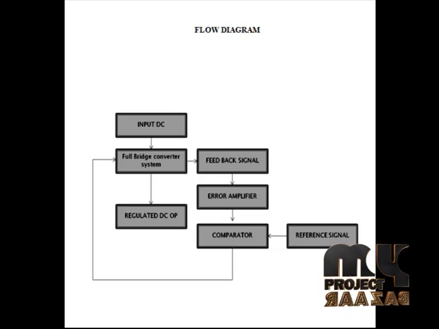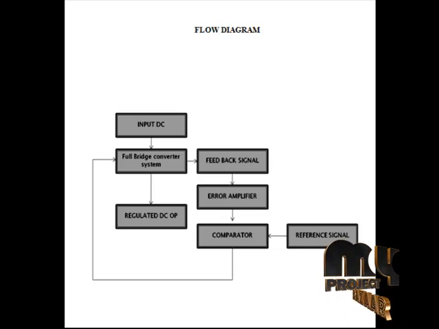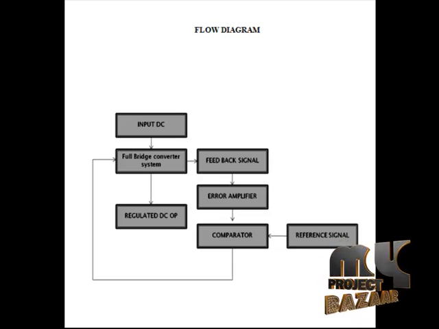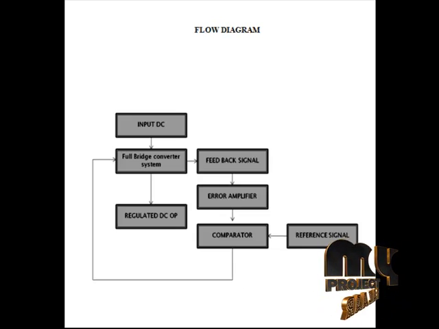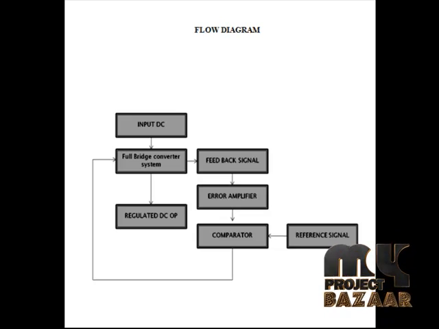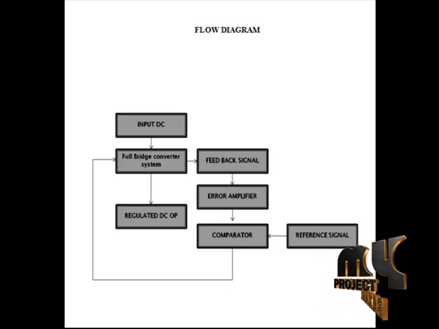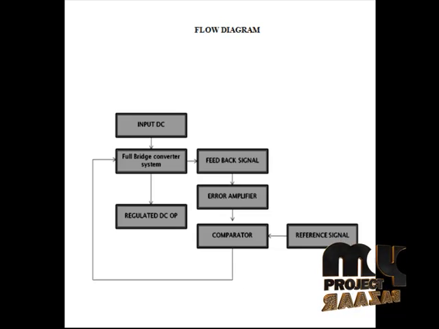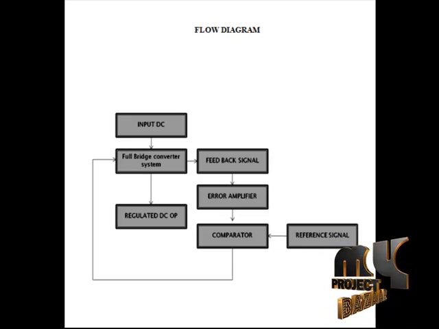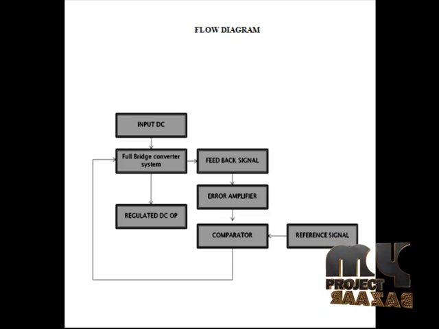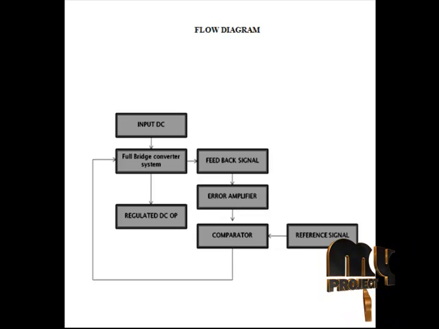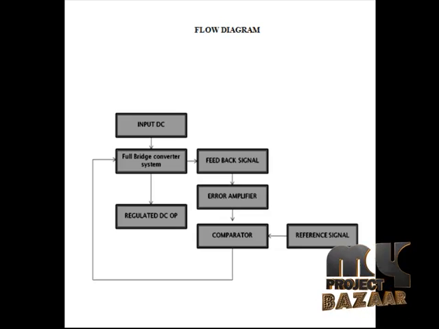Then these pulses are given to the full bridge controlling circuit of the DC to DC converter, and we get the clear result of regulated DC supply at the output, with load regulation. Here we use the buck converter, which reduces the unwanted voltage and gives a regulated power supply from our unregulated DC input supply.